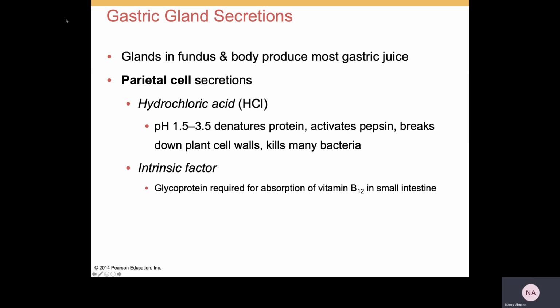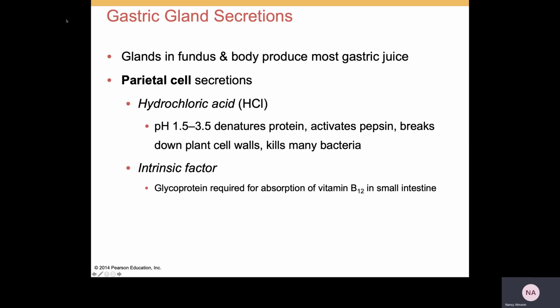The parietal cells are responsible for producing the HCl. And why do we care? Multiple reasons. We know that acid will denature proteins. That acid is also going to take the inactive form of pepsin, which is pepsinogen, and activate it into pepsin. That is an enzyme that's associated with protein digestion.